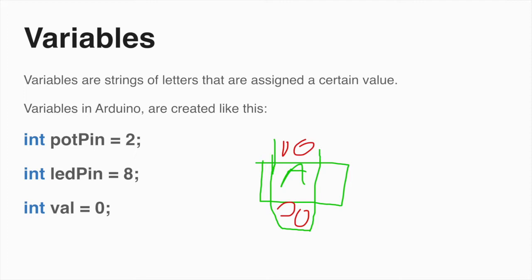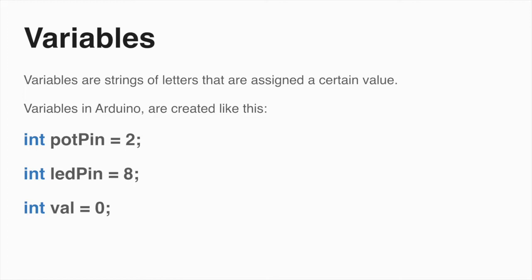Now, let's say we just created that cup A. Here's our code. Every time I write the word A, or the letter A, more importantly, what am I actually saying?